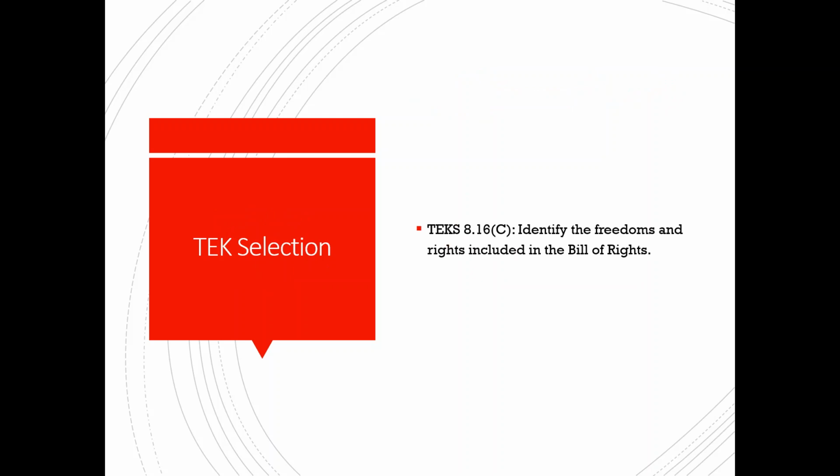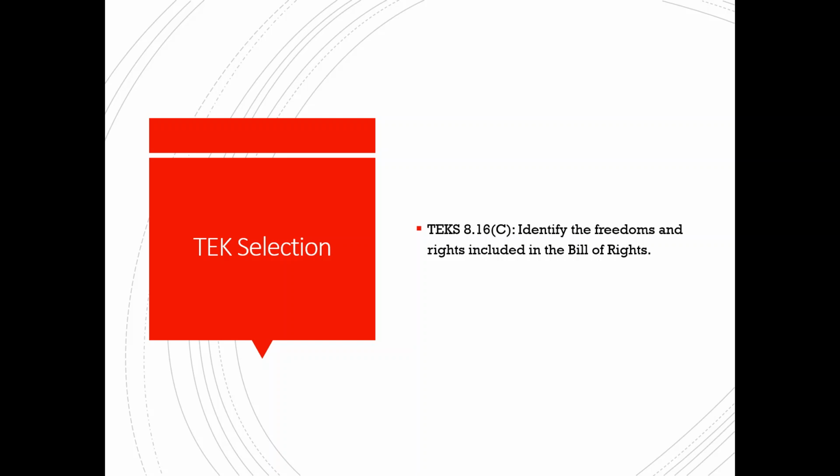For this particular example, I have selected TEKS 8.16 subsection C. This TEK states that students should identify the freedoms and rights included in the Bill of Rights. This particular TEK is an essential component of 8th grade U.S. history, and I'll tell you, it appears year after year on the STAR, usually in the form of scenario-based questions that require students to apply the amendments to actual, real-world situations or scenarios.